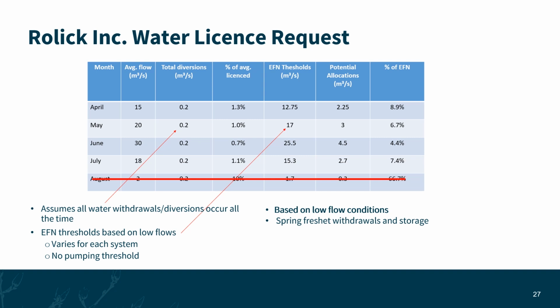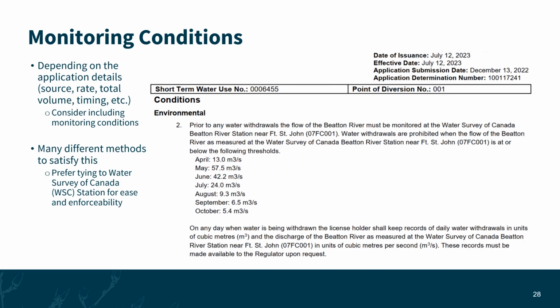So something that we may look at in authorizing a short-term use approval, Section 10, or a long-term license, Section 9, is monitoring conditions. So obviously this would depend on the application details, the source, the rate, the total volume, timing, etc. But we may consider this when needed.